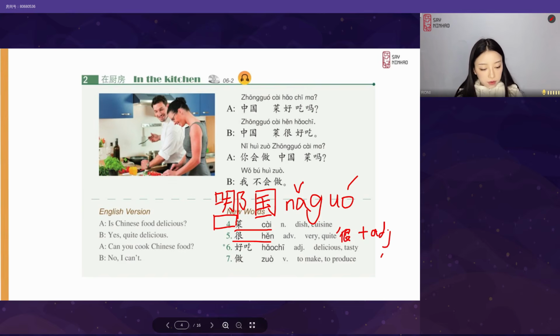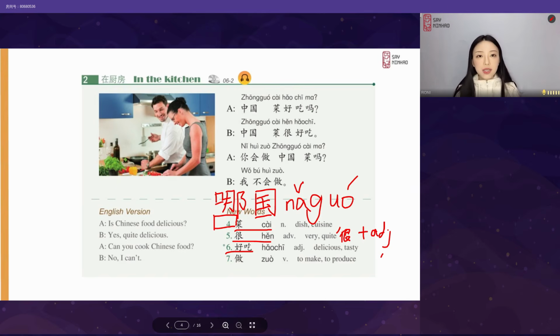Okay? Now let's move on to next. 好吃. 好, which I said means good, and 吃 means eat. It eats good, which means it tastes good, and it means the thing is delicious. So it is an adjective which means delicious, tasty. 好吃, read after me please. 好吃, delicious.